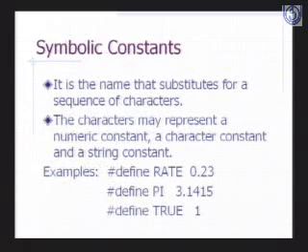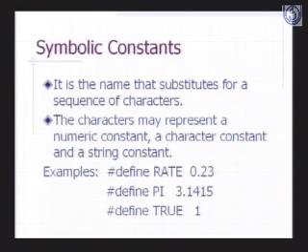Then coming to the symbolic constants. There we had talked about the integer constants, the character constants and the string constants, and likewise floating type constants. Likewise we have constants called symbolic constants. The basic purpose of the symbolic constant is that it is a name that substitutes for a sequence of characters.